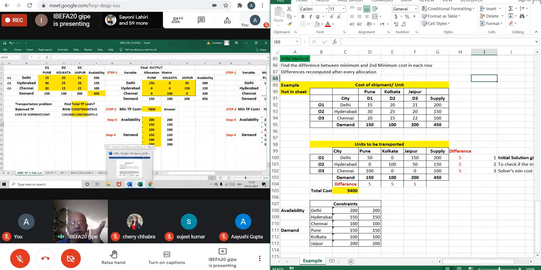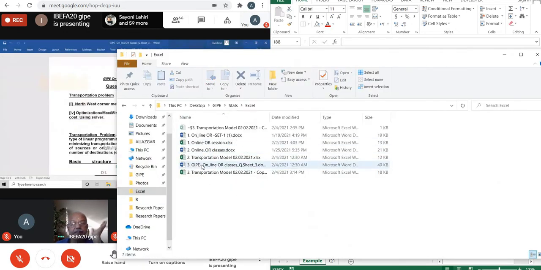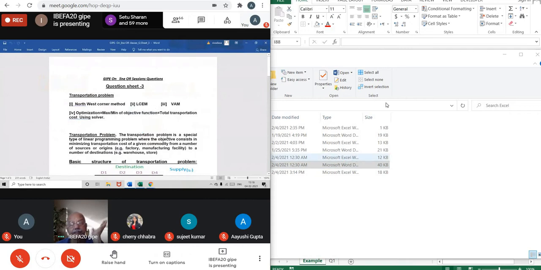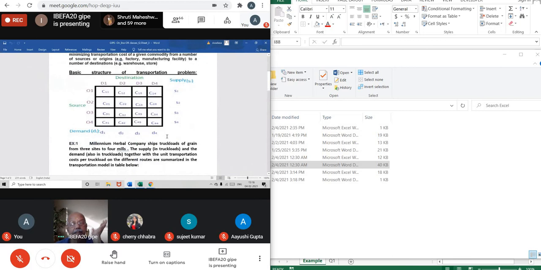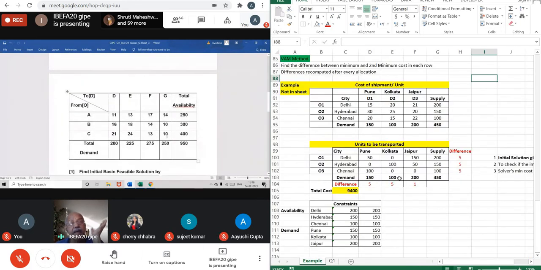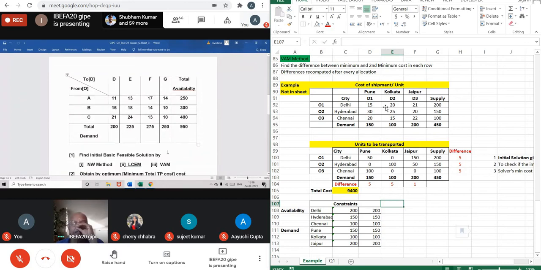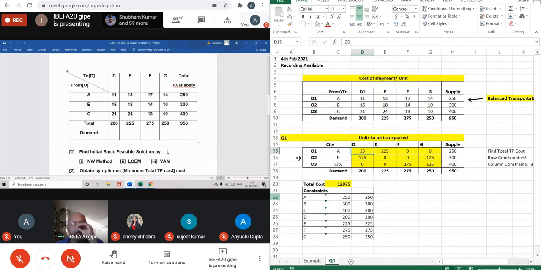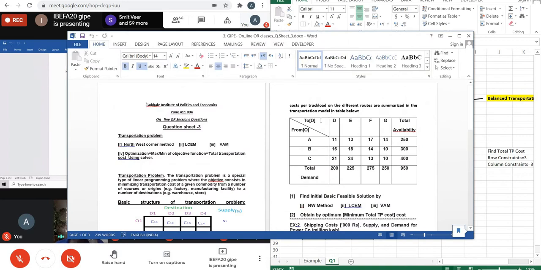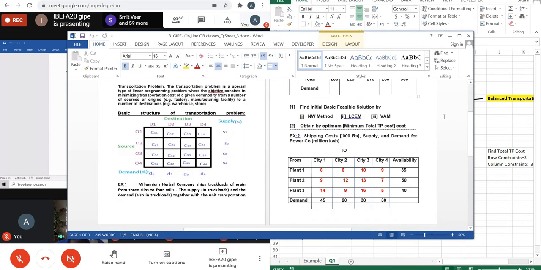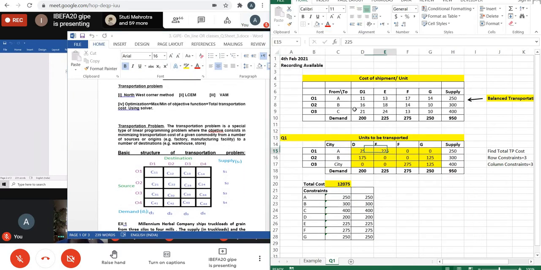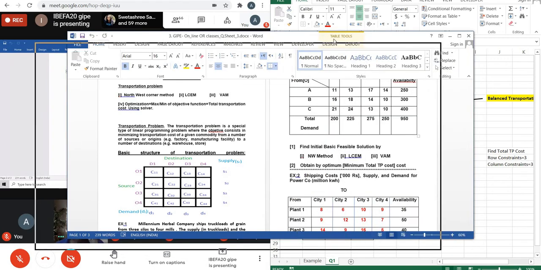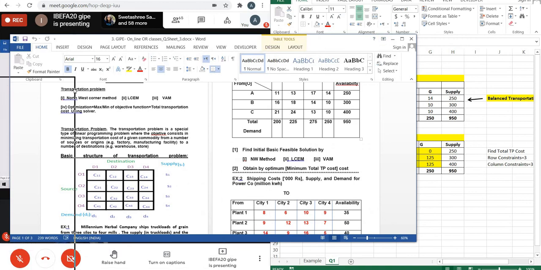You have to work first. This is a 3 by 4 matrix. Find initial basic feasible solution by northwest method, least cost entry method and VAM. Obtain the optimum cost.